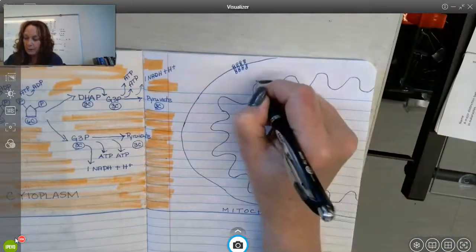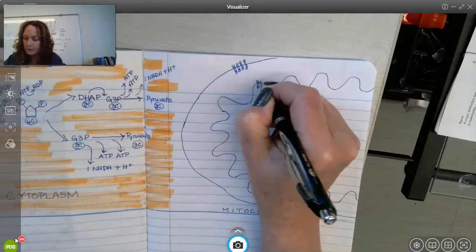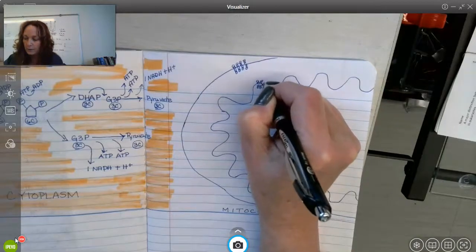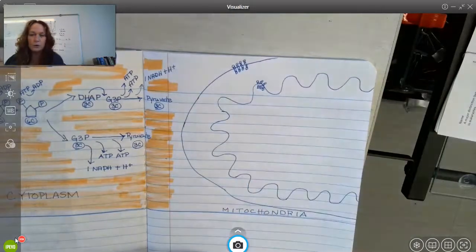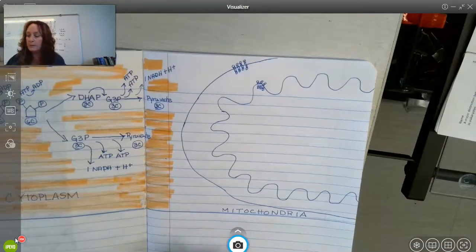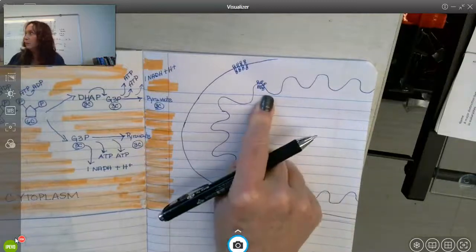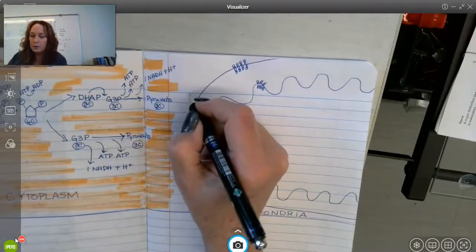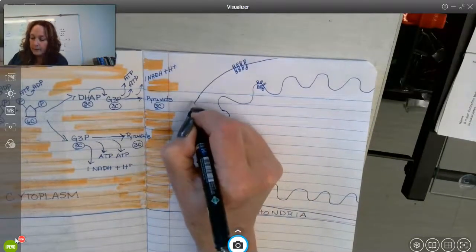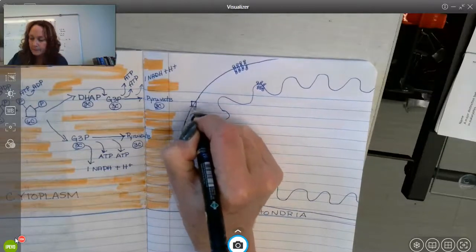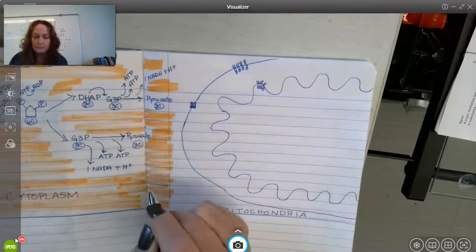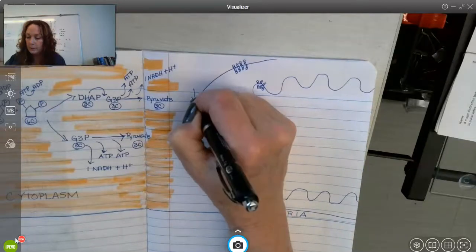This inner membrane is also a phospholipid bilayer. So I just don't want to get myself to where I'm thinking, because I drew one line, that I'm just saying something. They're both these phospholipid bilayers. So I'm going to draw this channel protein right here, and I'll label it what it is.